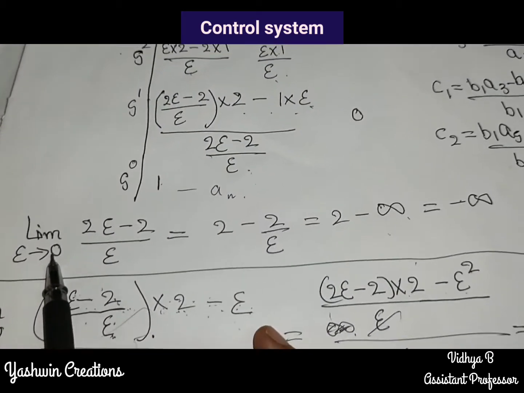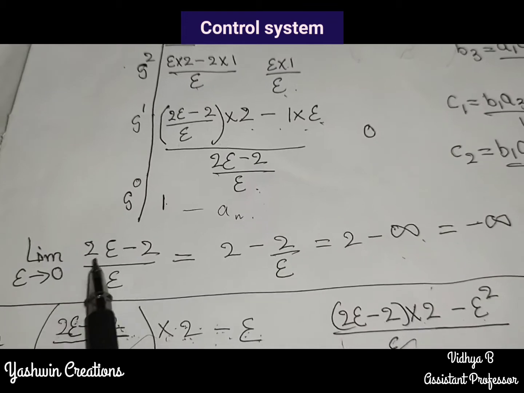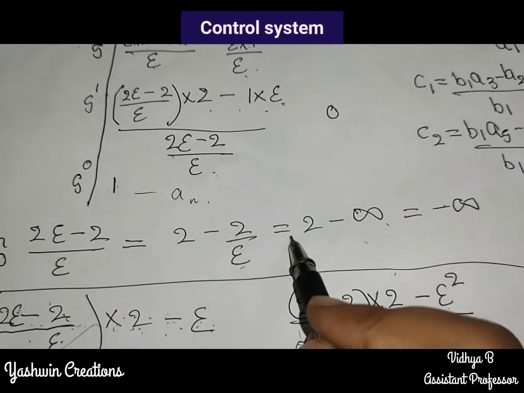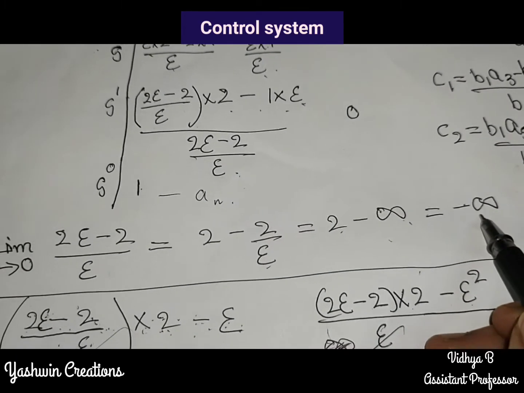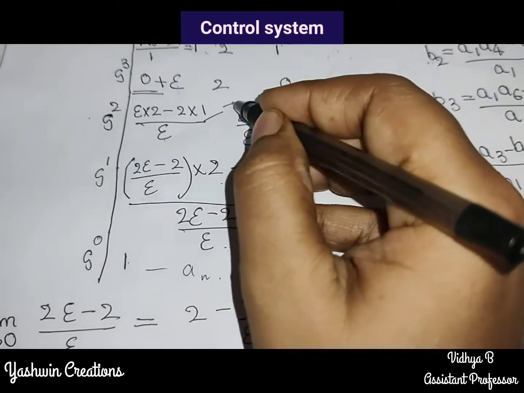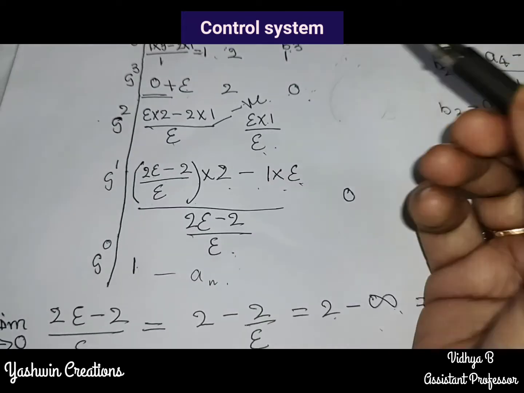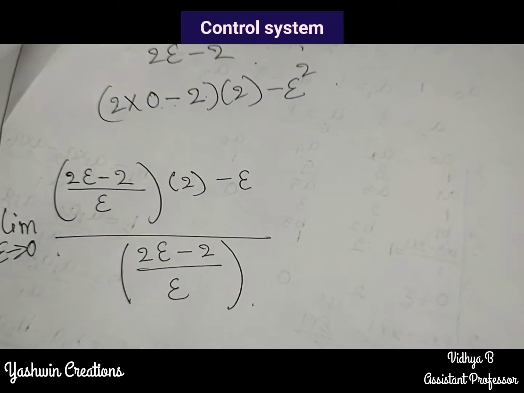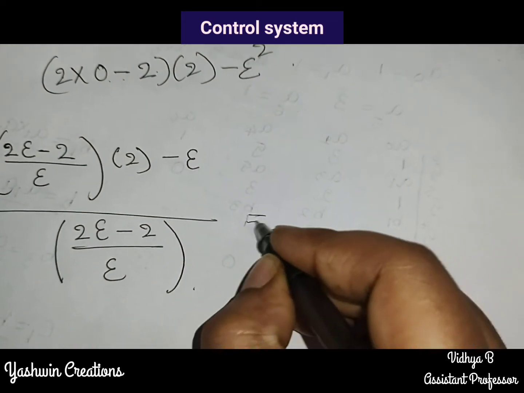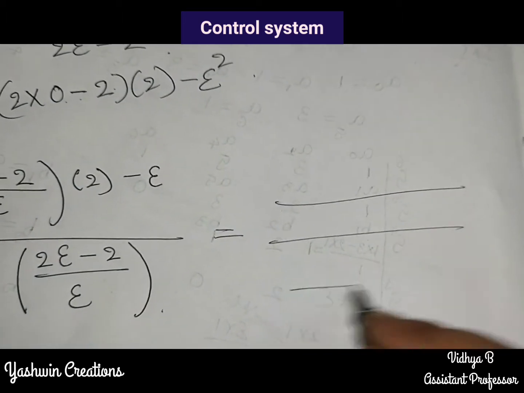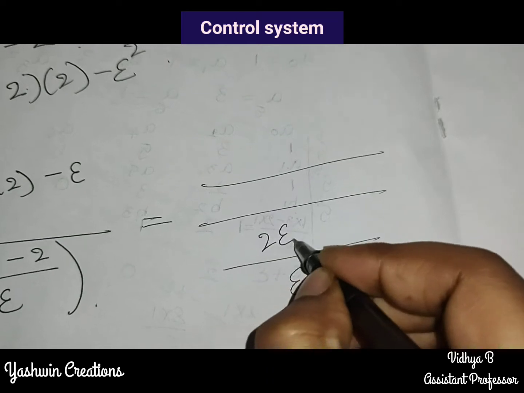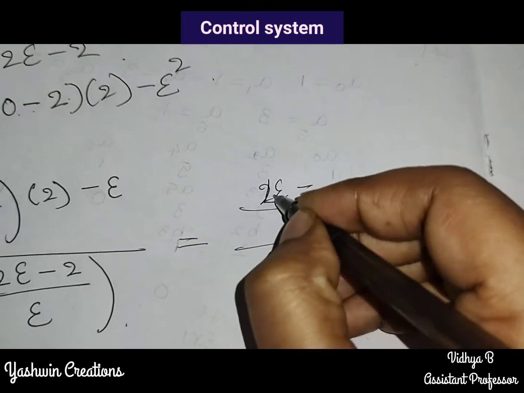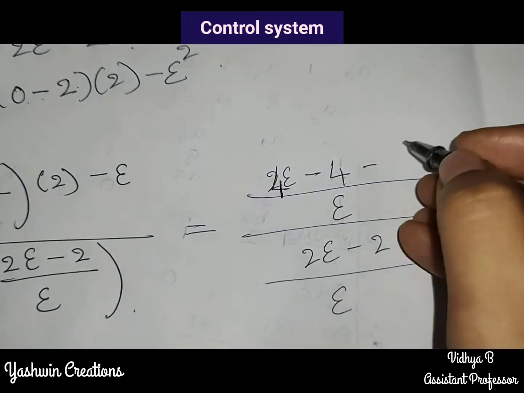So apply the limit as epsilon tends to 0. When you substitute, epsilon will be cancelled, leaving 2 minus 2 divided by epsilon, so you will get 2 minus infinity, which is the negative part. So this value is negative. Now this other one you can solve easily. If you solve the LCM, you get epsilon into 2 epsilon minus 2, and here also epsilon into 2 epsilon minus 2, which you can write as 4 epsilon minus 4 minus epsilon square.